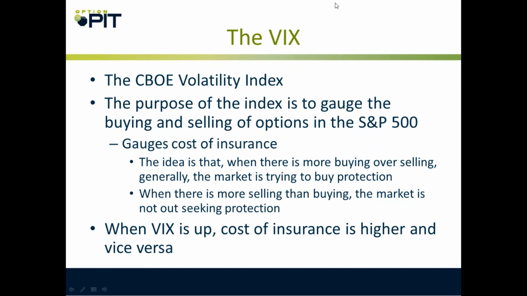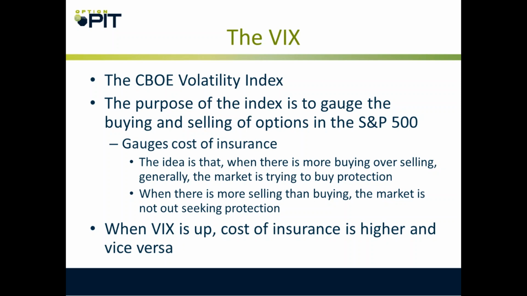So now let's talk about VIX. The VIX is the CBOE Volatility Index. The purpose of the index is to gauge the buying and selling of options in the S&P 500. So the VIX gauges the cost of insurance. The idea is that when there's more buying over selling of options, generally speaking, the market is trying to buy protection.